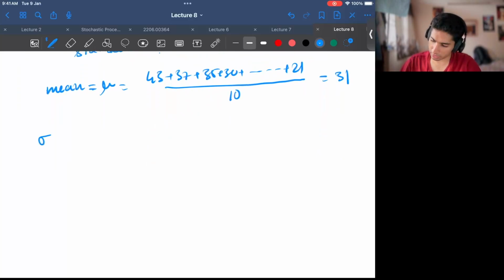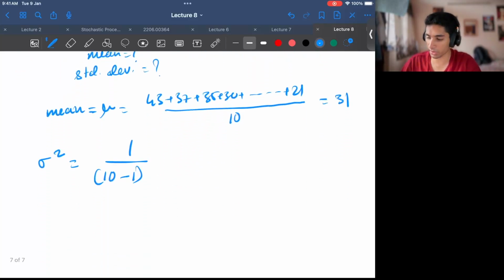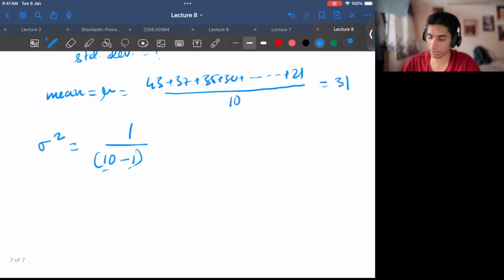What about sigma? To calculate it, you first calculate sigma square. For sigma square, you take 1 over 10 minus 1, so n minus 1, where the total number of data points is 10, and you subtract 1 from it. Then you take xi minus mu whole square and sum it over i equal to 1 to 10.